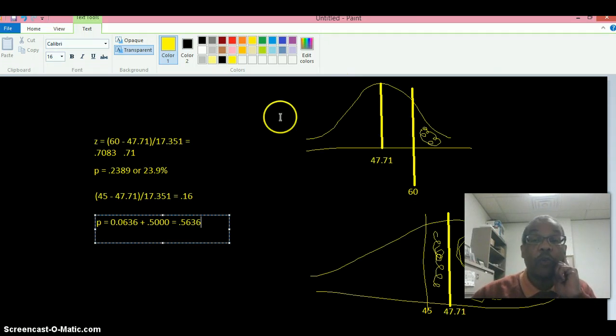You actually have to go ahead and build your normal curve and use the normal curve to figure out what you're looking for. Are you looking for the area outside? Are you looking for the area in between? Are you looking for a combination? Well, you really do have to build your normal curve, read the question, figure out what areas you're looking for, and then build your probabilities based on that.